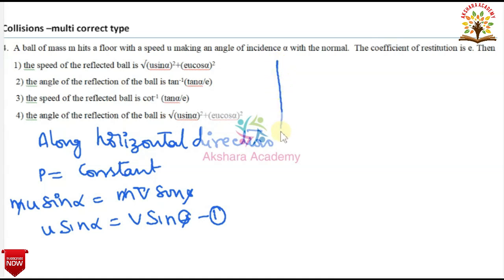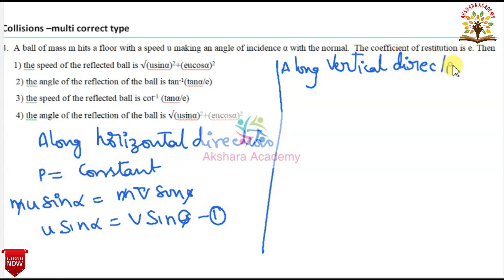Along the vertical direction, coefficient of restitution e is equal to velocity of separation by velocity of approach, (v1 minus v2) by (u1 minus u2).